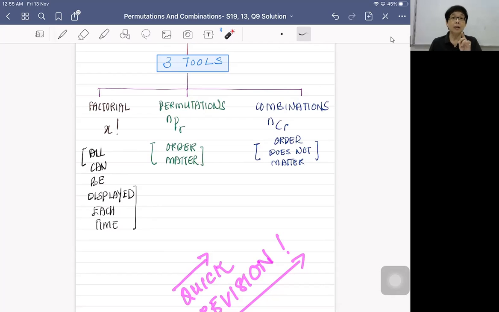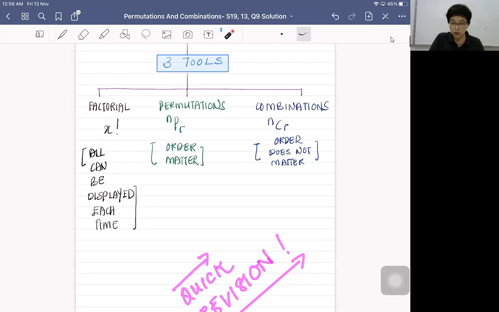You have the limitation that maybe each time you can only pick 4 out of the 7. That scenario points you away from factorial, and towards either permutation or combination.